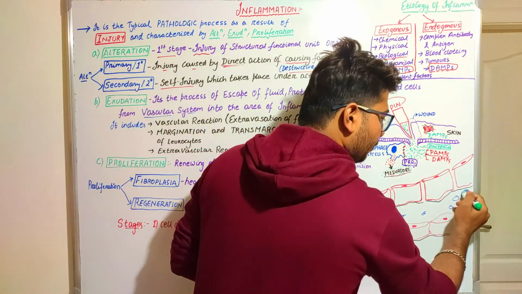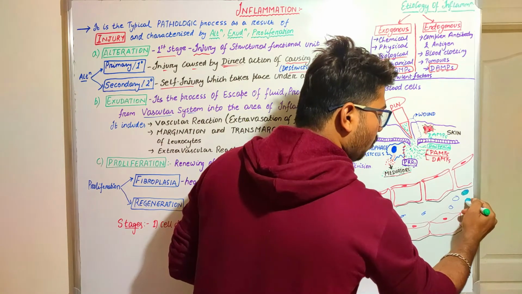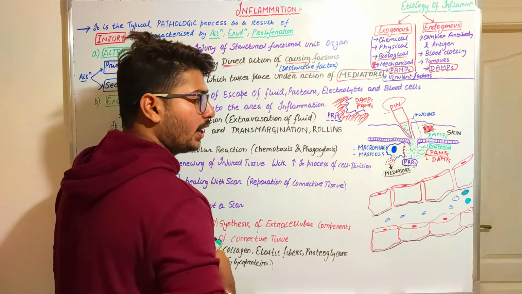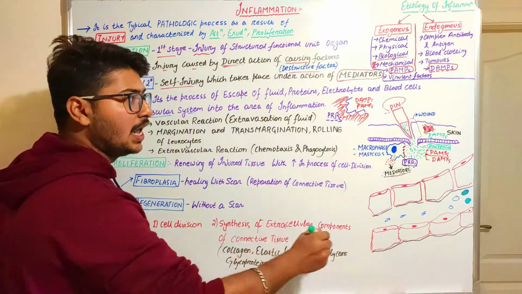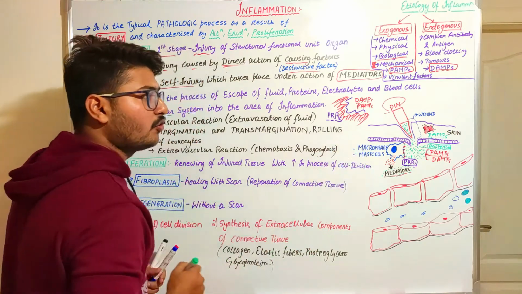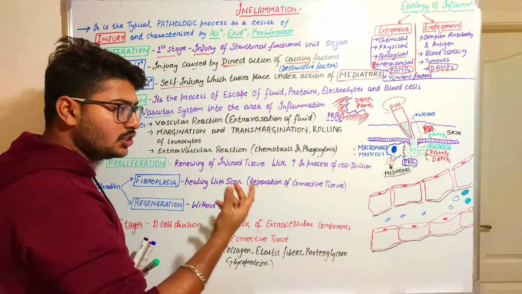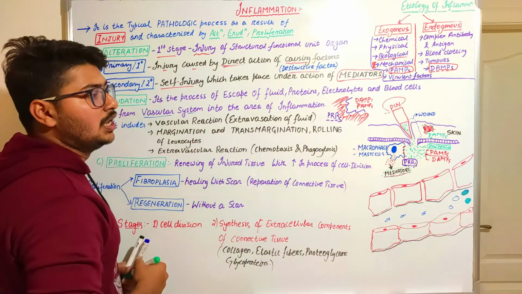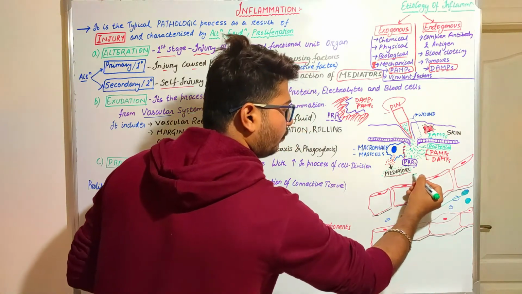Let's say for an example, this is a leukocyte, and to make you remember, the first leukocyte to be present after the process of inflammation begins is the neutrophil.